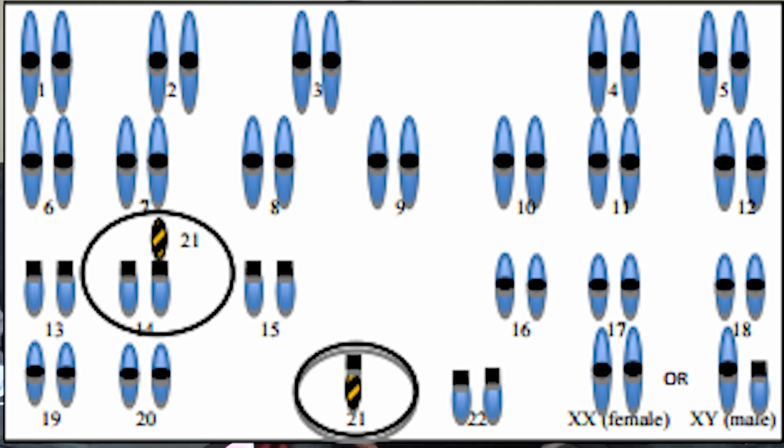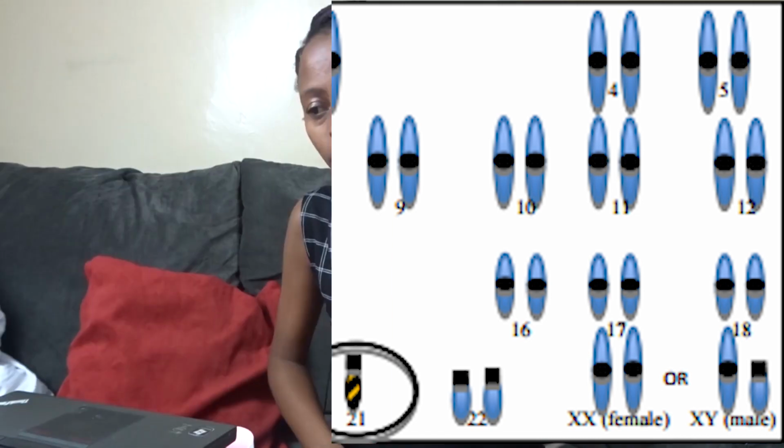So this parent has 46 chromosomes, but the one on number 21 has broken off, left the number 21 having one chromosome, and then it has attached itself to number 14. So this type of balanced translocation means that the parent has the right number of chromosomes, but they are rearranged so that chromosome number 21 is attached on 14, or 13 is attached on 15, and so on and so forth.